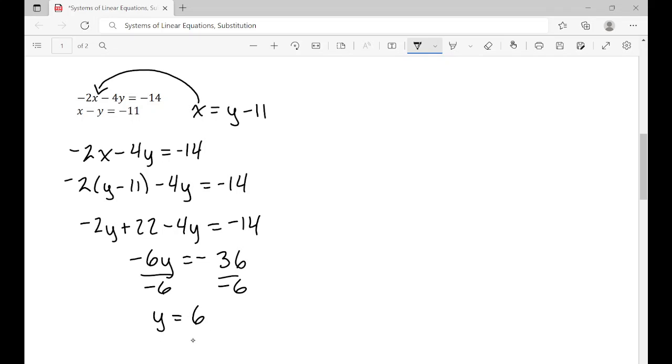So now I'm just going to take what y is, which is 6, and plug it right in there for y to find out what x is. So x equals 6 minus 11, so x is going to equal negative 5. Simple enough. So my solution is going to be (negative 5, positive 6).